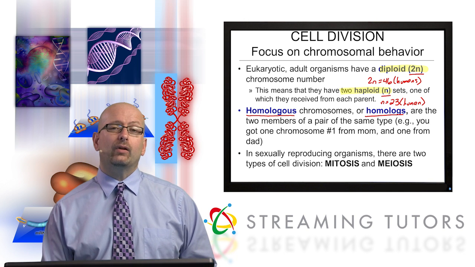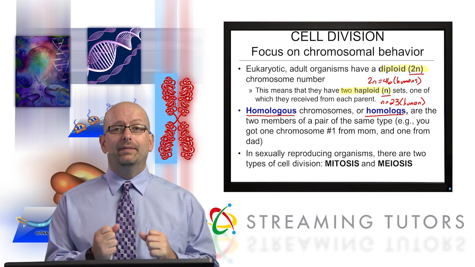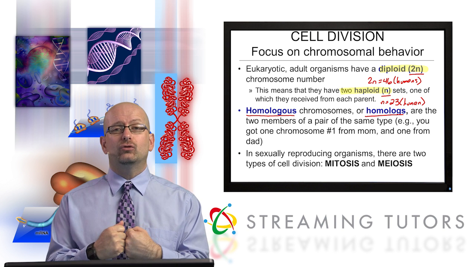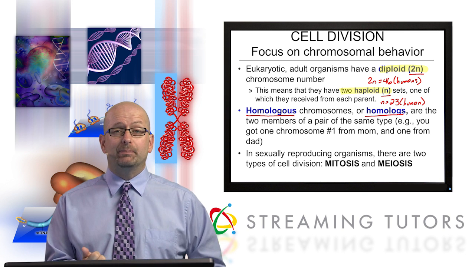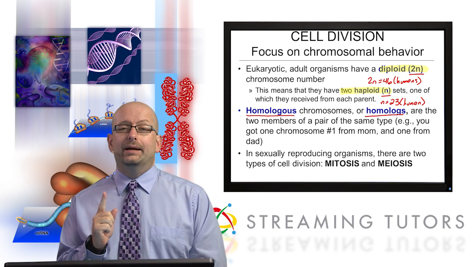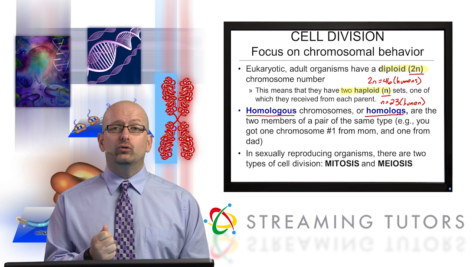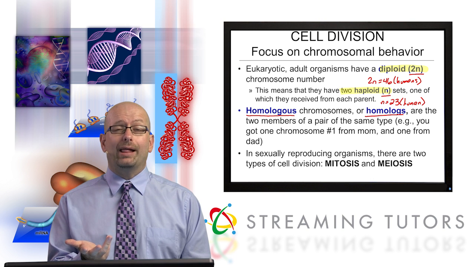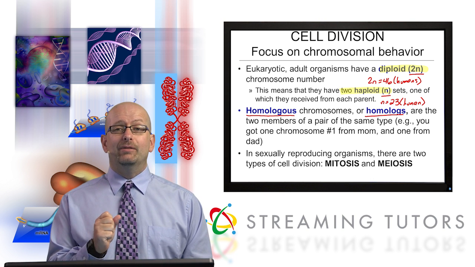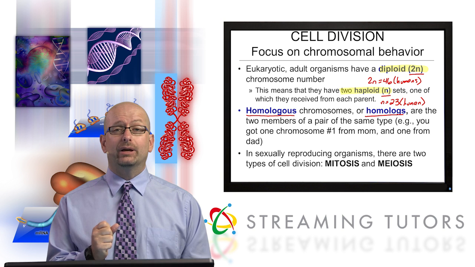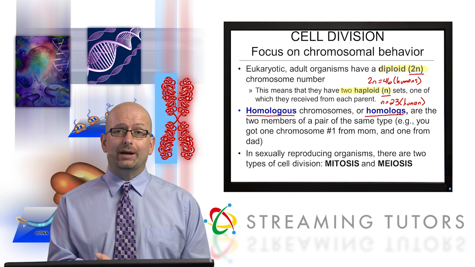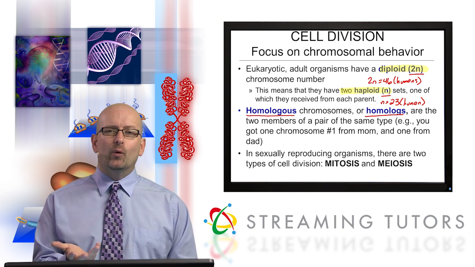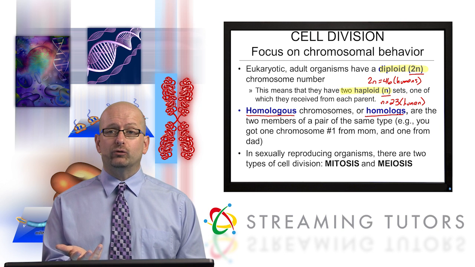So those two members, we're going to see that the homologs, sometimes it matters that they're homologs, sometimes it's not particularly that important. Now, in sexually reproducing organisms, which are almost all animals and plants, in fact, many animals and plants can reproduce either asexually or sexually, but Mendel's work focused on sexual reproduction.